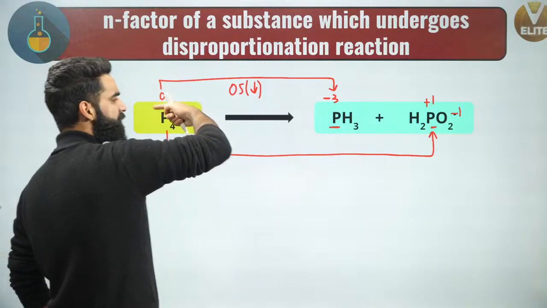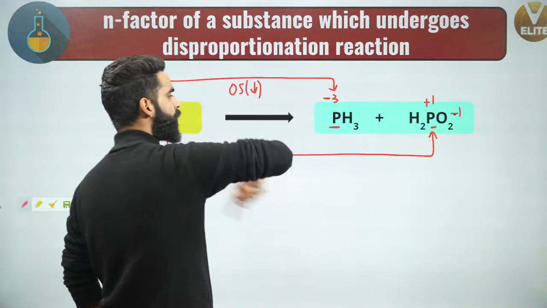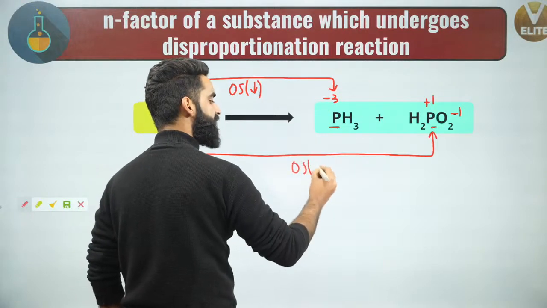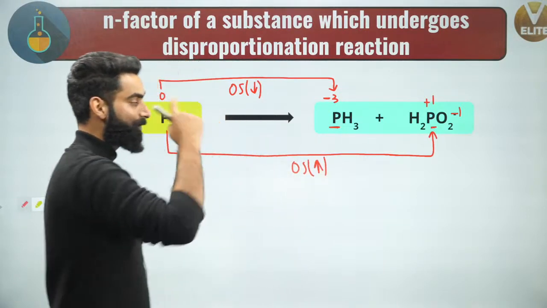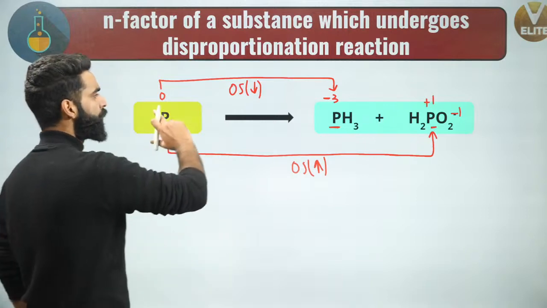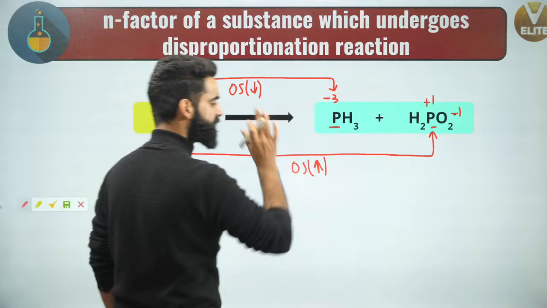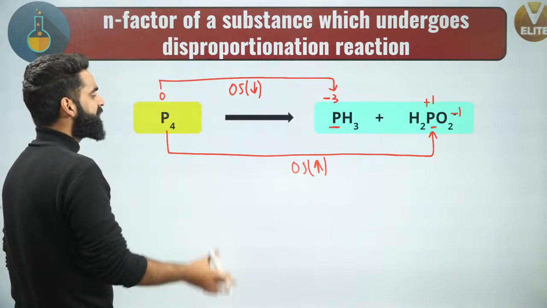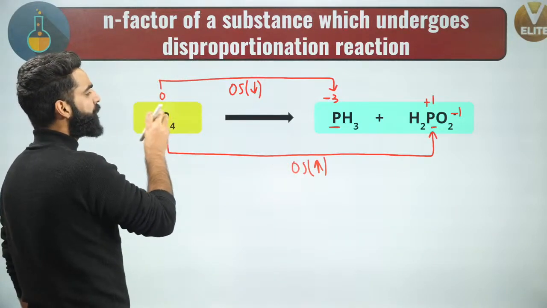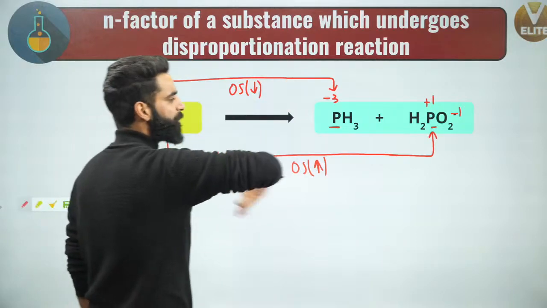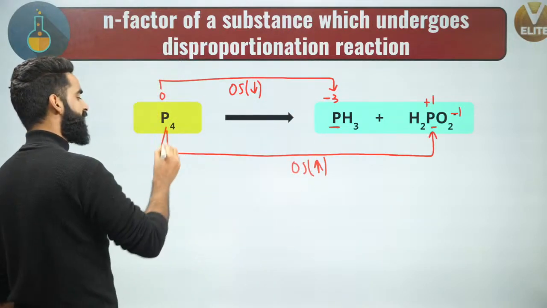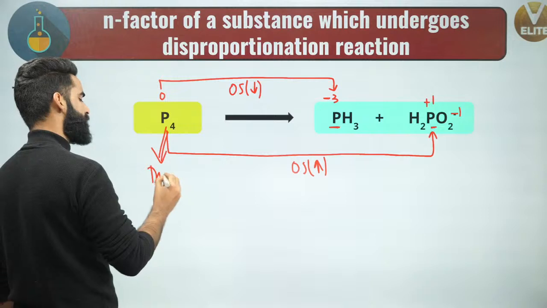So the oxidation state of phosphorus in this process is changing from 0 to +1, so it is increasing. Increase in oxidation state is what we call oxidation. Can I say during this process P4 is undergoing reduction, and during this process P4 is undergoing oxidation? Some part of P4 is undergoing reduction, some part of P4 is undergoing oxidation. So I would say in general P4 is undergoing disproportionation.